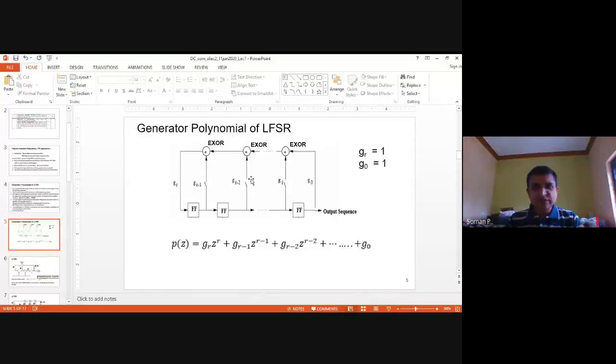So what are the characteristics of an XOR? For same inputs, output will be 0, and for different inputs, output will be 1.